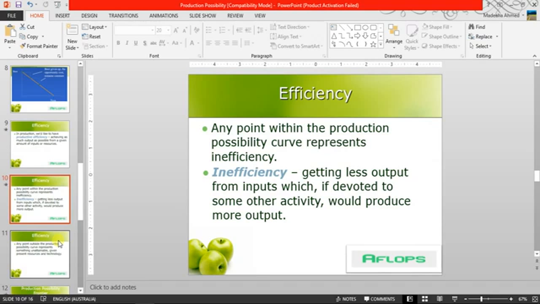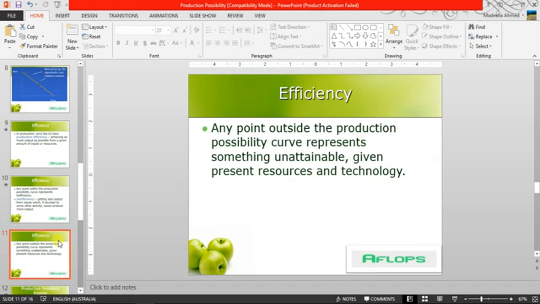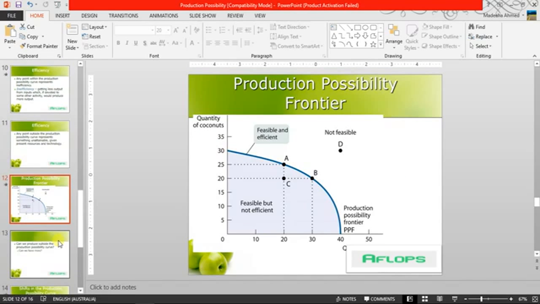How is this concept of efficiency and inefficiency associated with the production possibility curve is the question that you might be asking yourselves now. We'll be discussing it with the help of a production possibility curve itself. As you can see, at point C we are existing within the production possibility curve.